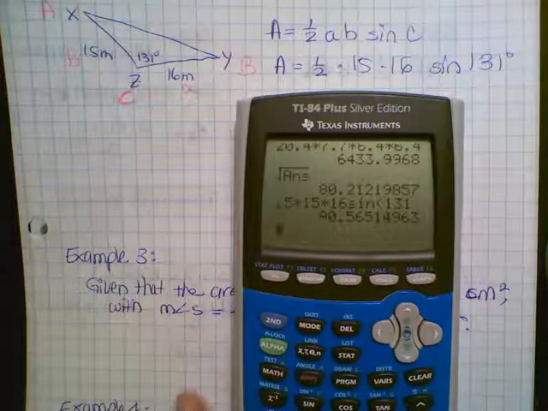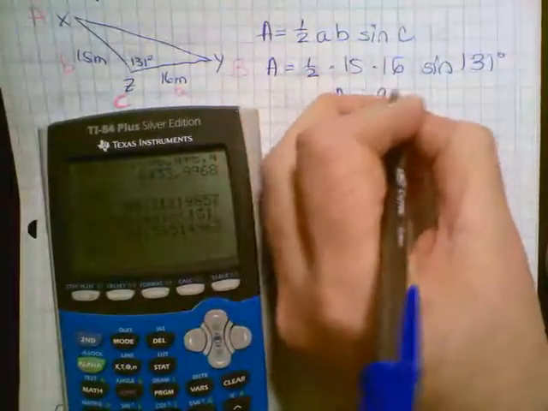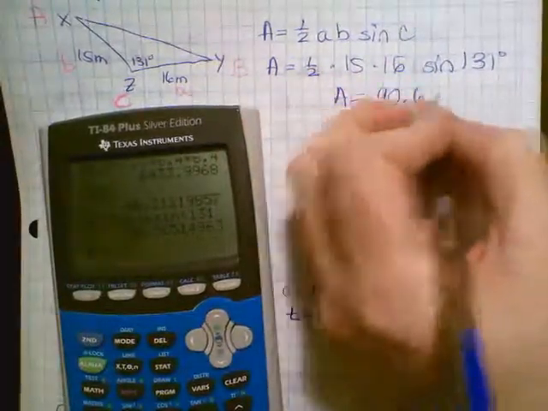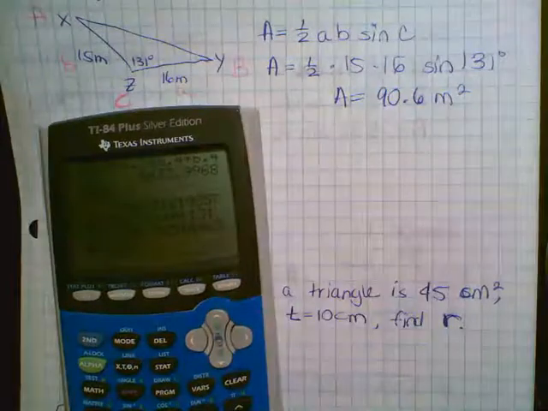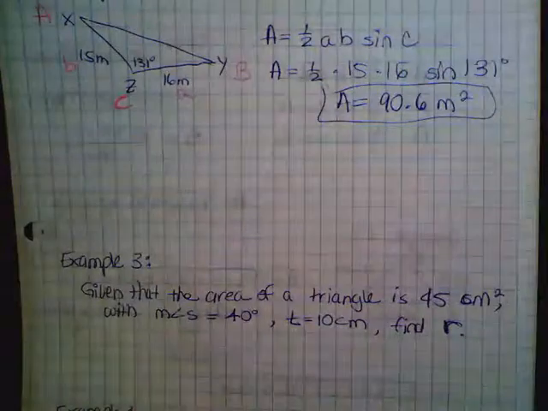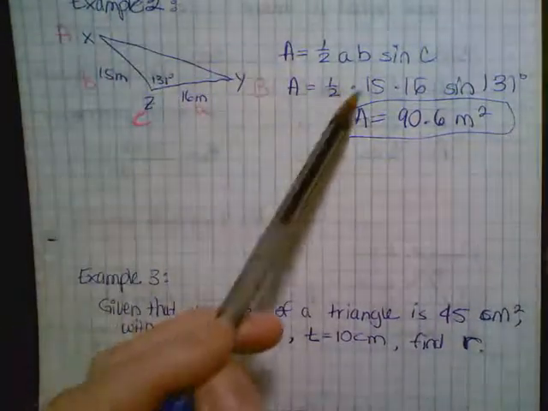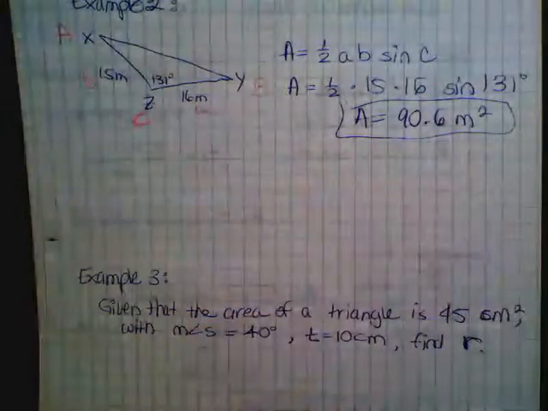So I got 90.6, and this is meters squared. So you just have to label your triangle according to what pieces you're going to plug into the equation potentially.